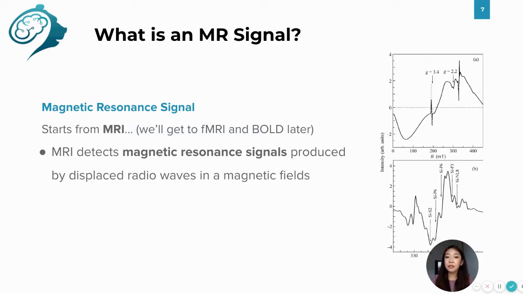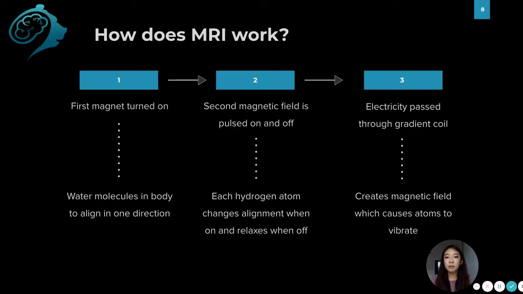So the magnetic field in an MRI machine temporarily realigns the water molecules, which contain hydrogen atoms, right, H2O, in the body when you're in the MRI machine. And so those radio frequency waves cause atoms to produce magnetic resonance signals, which are detected by RF coils in the MRI. So here's a better timeline of how this works.